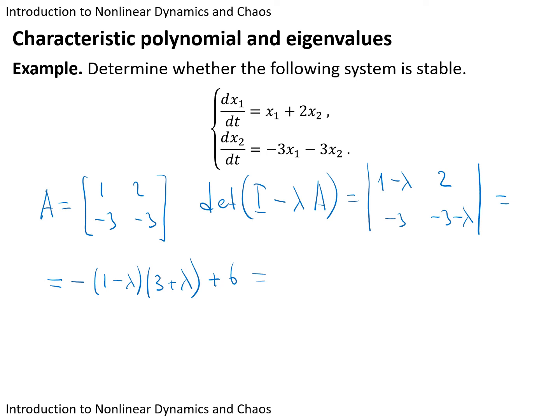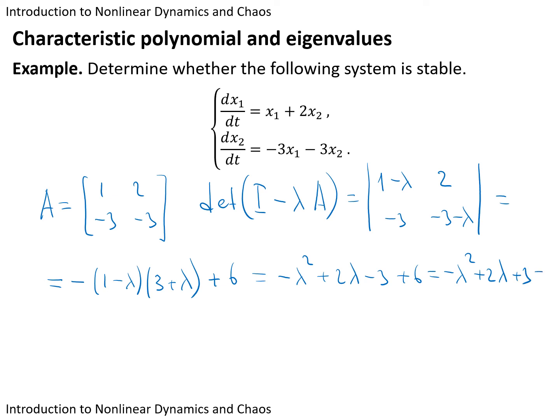If we expand the expressions in the brackets, we will have minus lambda squared plus 2 lambda and minus 3 plus 6. So finally minus lambda squared plus 2 lambda plus 3.